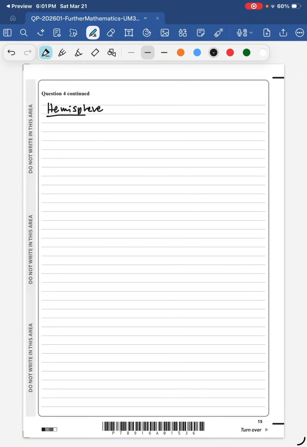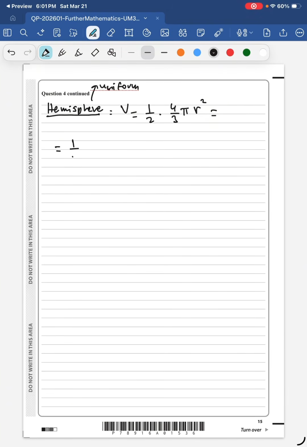The hemisphere, which is again uniform, which is important. It's not a shell. So the volume of this object is 1/2 times 4/3 pi r cubed, because it's half the volume of a sphere.